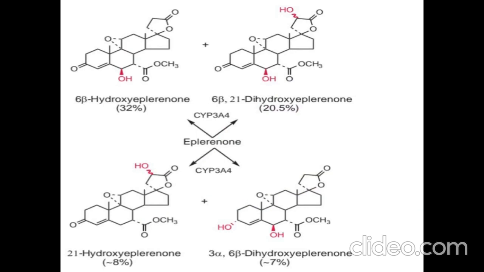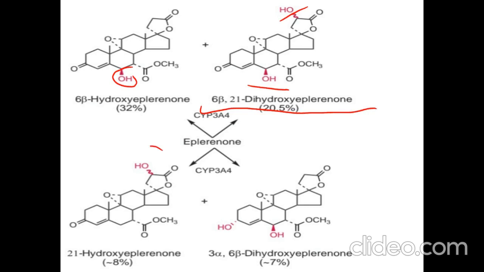At the 6th position, if hydroxylation takes place, it is called 6-beta hydroxyeplerenone. Sometimes at the 6th position and at the 20th position, hydroxylation takes place. It is called dihydroxyeplerenone.